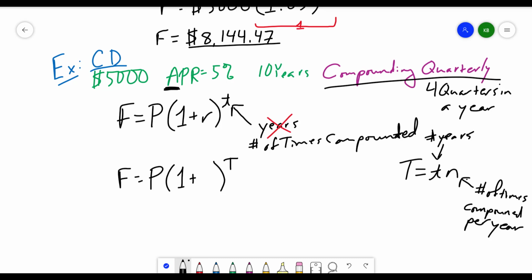Instead, we get a quarter of that since we're compounding quarterly. So we have a value here, and we call it lowercase p. And this lowercase r was our annual percentage rate. Lowercase p is going to be our periodic interest rate.